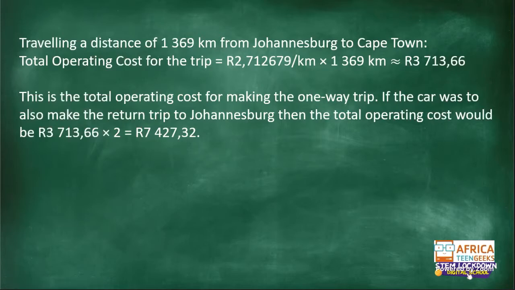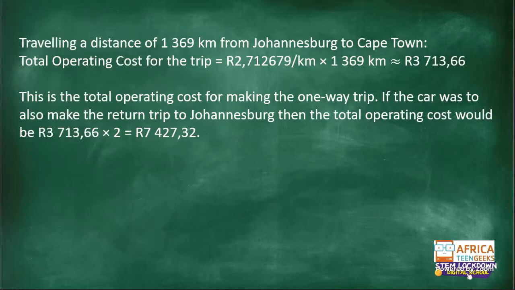So you multiply that with the kilometers from Johannesburg to Cape Town. You can see it will now give you 3,713 rands and 66 cents. This is the total operating cost just for a one-way trip.